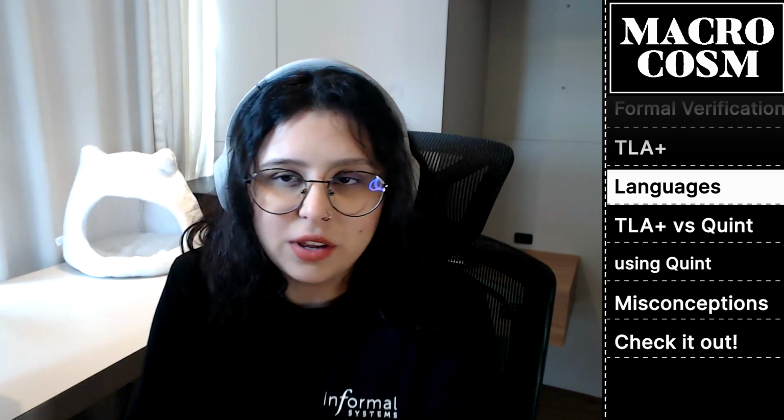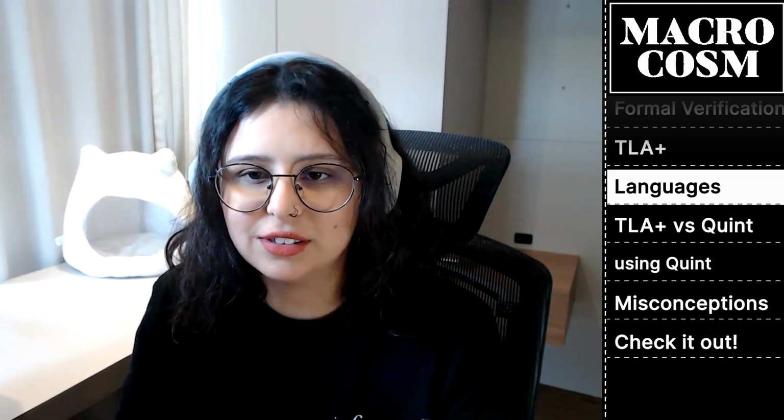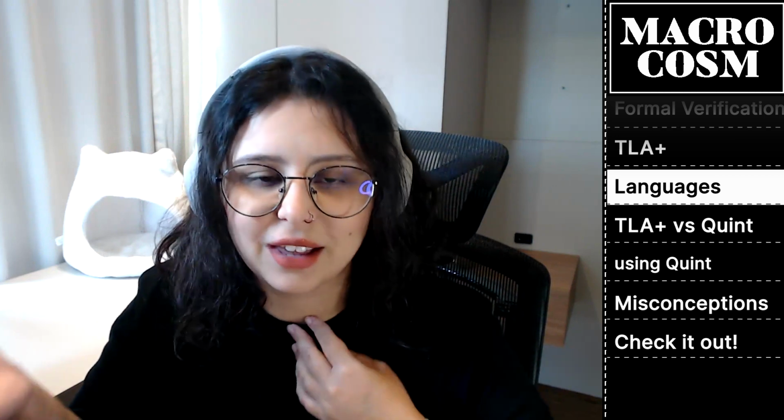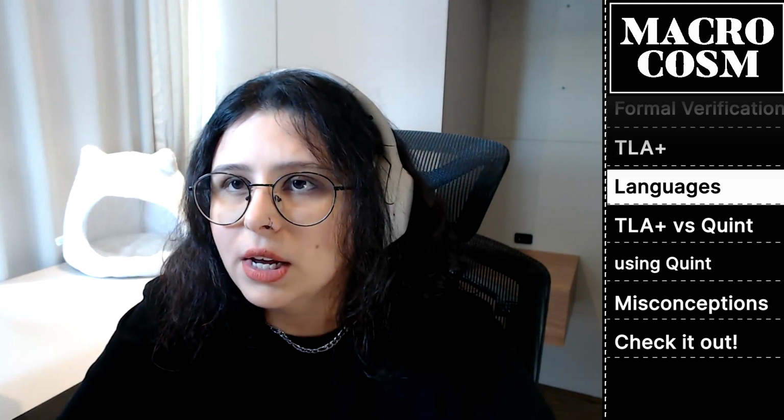One answer would be LaTeX. I think it's the language closest to TLA Plus, in the sense that programming languages don't do what TLA Plus does, and Quint is not a programming language either; it's a specification language. So the goal is different. They do different things. You can think about HTML: you don't use HTML to write a smart contract, right? They have different goals.